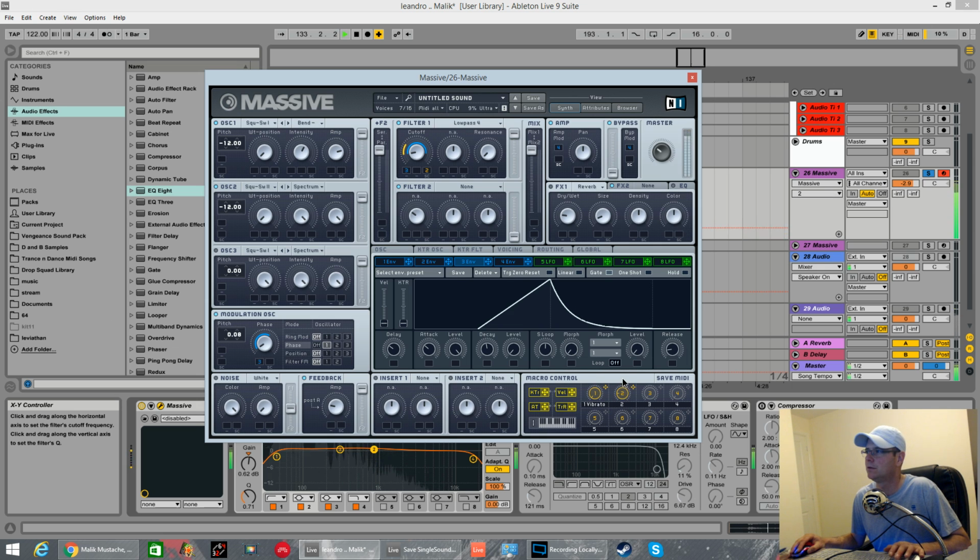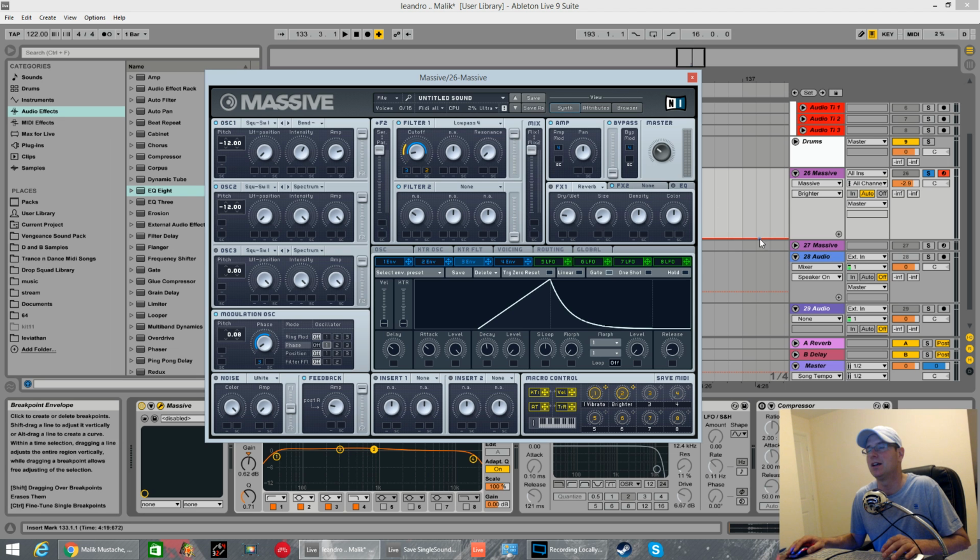It makes it brighter. We'll call it brighter. So macro 2 on the side chain for the cutoff. 0 resonance. So I didn't use any insert effects. Tried to use the reverb and the EQ to make it sound better, but didn't need it. That was it.